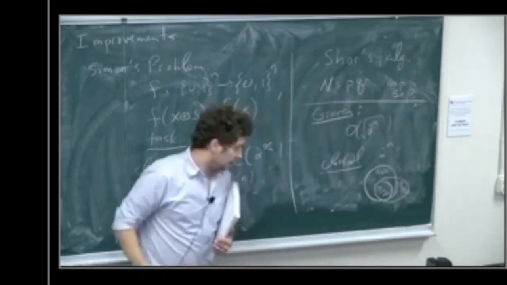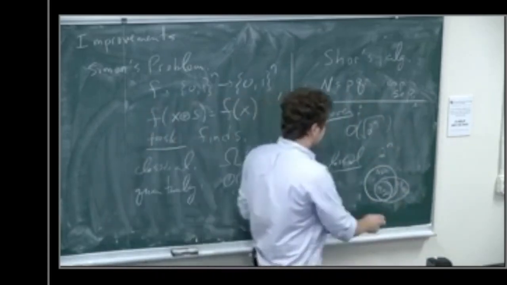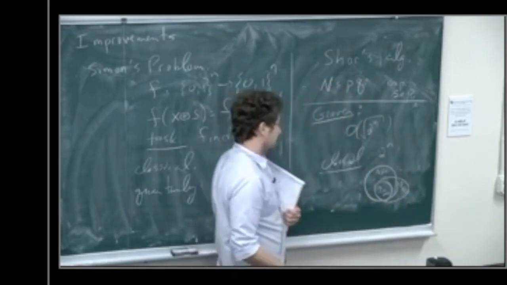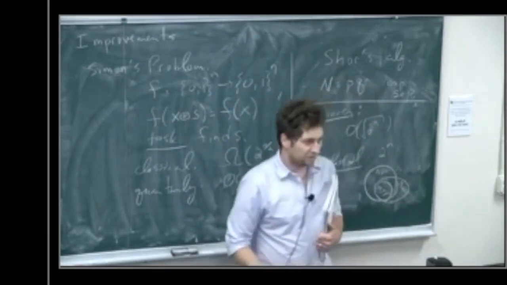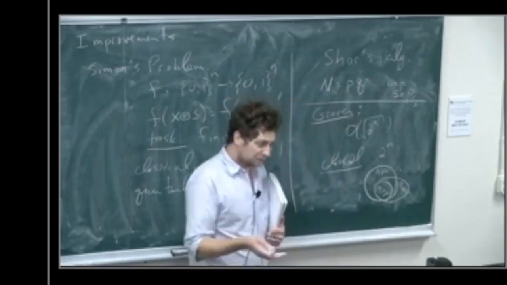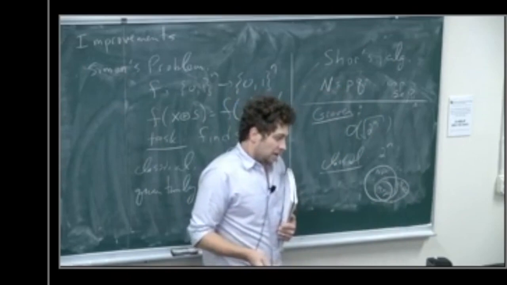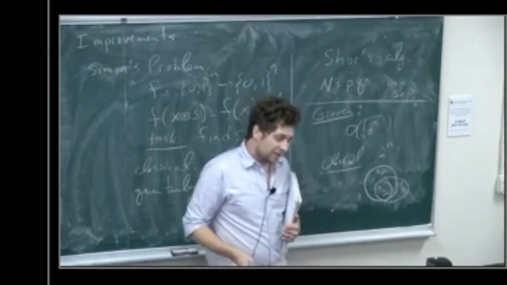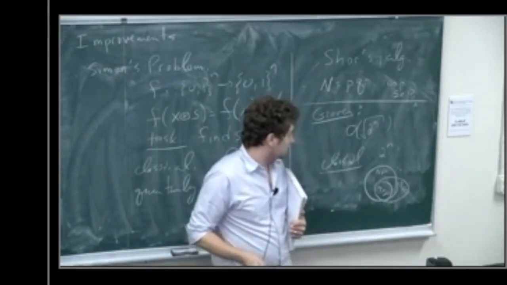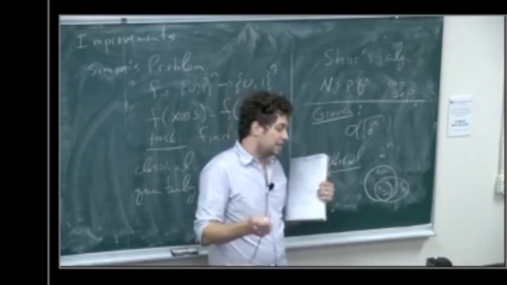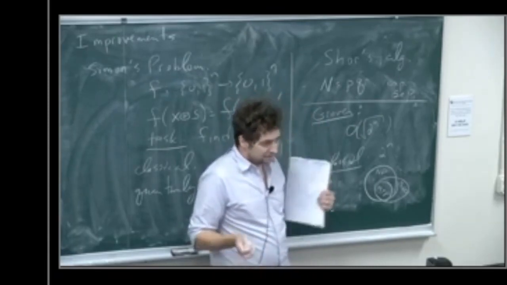Yeah, so there's no evidence at all that BQP contains NP. There are lots of problems that we think quantum computers are good at doing, but you can't easily check. That's actually becoming a really big problem now because people are building quantum computers that are too big to simulate classically, and how you check whether they've answered the question correctly is an issue.